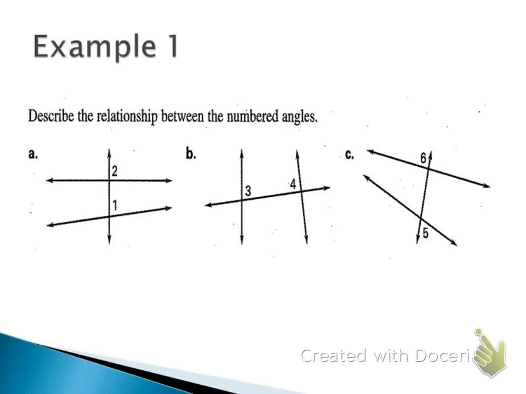Look through the things you just wrote down. Yeah, these are corresponding angles. Good. And the reason they're corresponding is because they're sort of like in the same position. Okay, they're both to the upper right of their line.